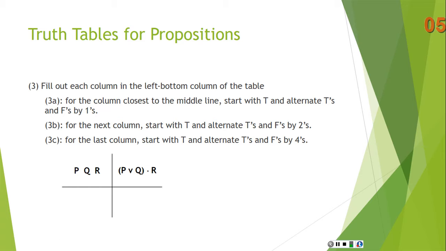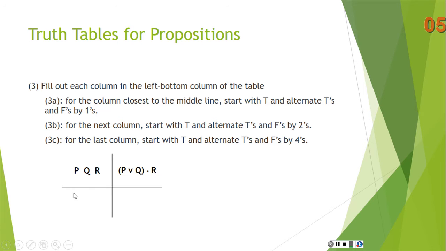Okay? So you start with T and alternate T's and F's by 1s until you fill out 8 lines. T, F, T, F, T, F, T, F. For Q, you start with, the reason we're doing this is to give all the possible combinations, and this is just a formula for getting all the possible combinations.